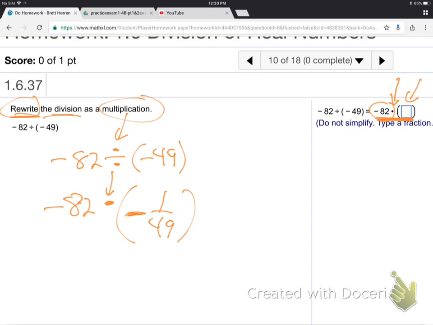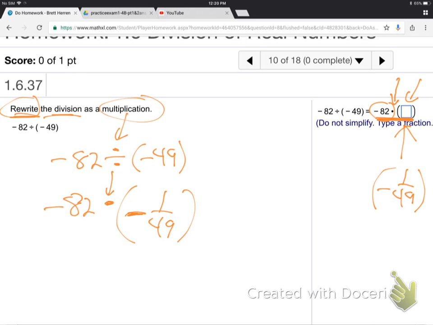Dividing is just upside down multiplying, because if you flip it, now it's on the bottom. Now it's divided, isn't it? So that's all they want you to do. They don't want you to figure out the answer. All they want you to do is put into this second spot after the negative 82, parentheses, 1 over negative 49. That's all they want from you, is a rewrite.